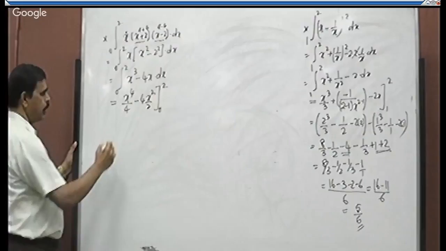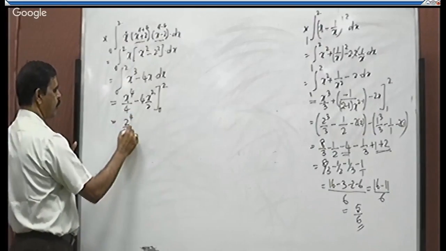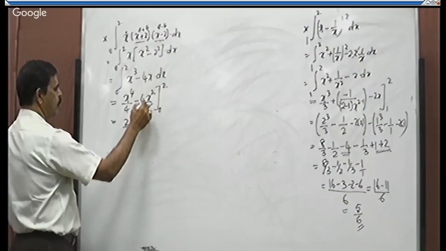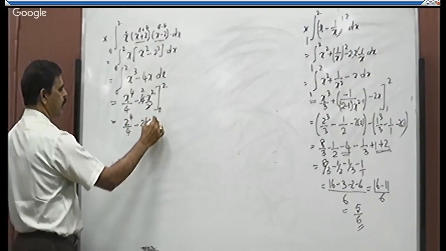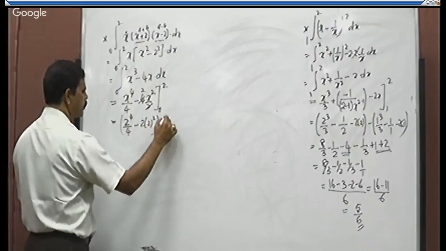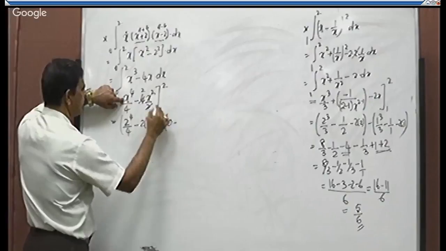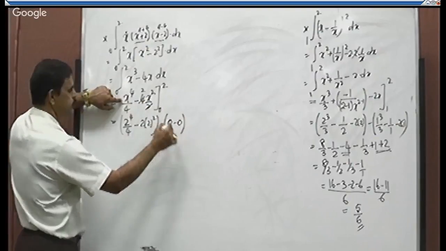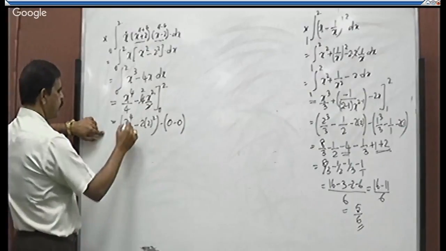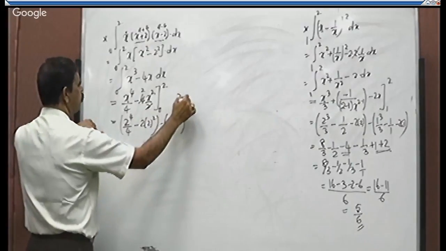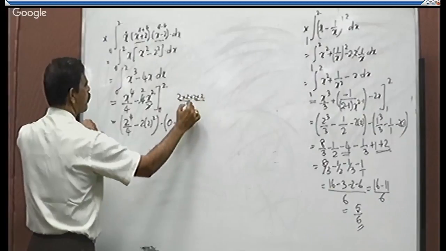For the upper limit: 2 to the power of 4 by 4, minus 2 into 2 square. This is upper limit, minus for lower limit put 0, this is 0 minus this is 0. 0 minus 0, right? 2 to the power of 4 means 2 into 2 into 2 into 2, 16.